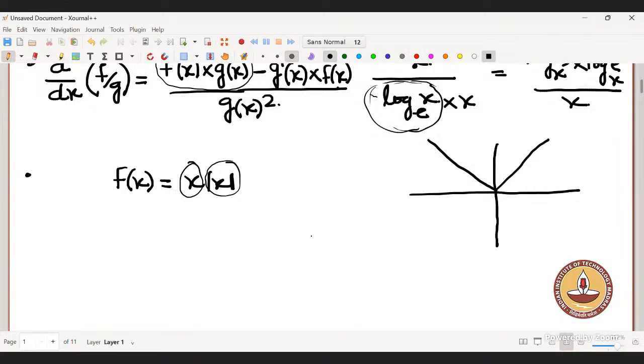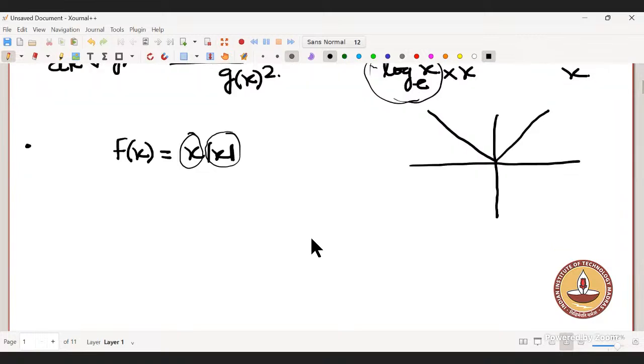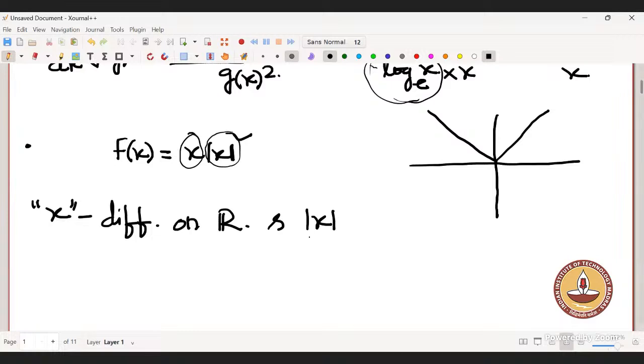Yeah. And the next thing is differentiability. You know that x is differentiable on R, right? Yes. But the problem is mod x. Mod x is differentiable on R minus 0.